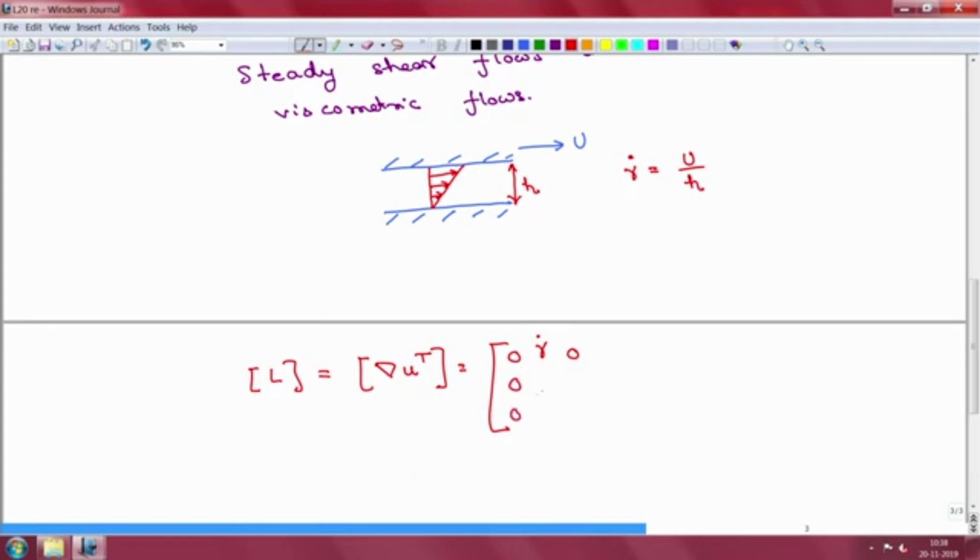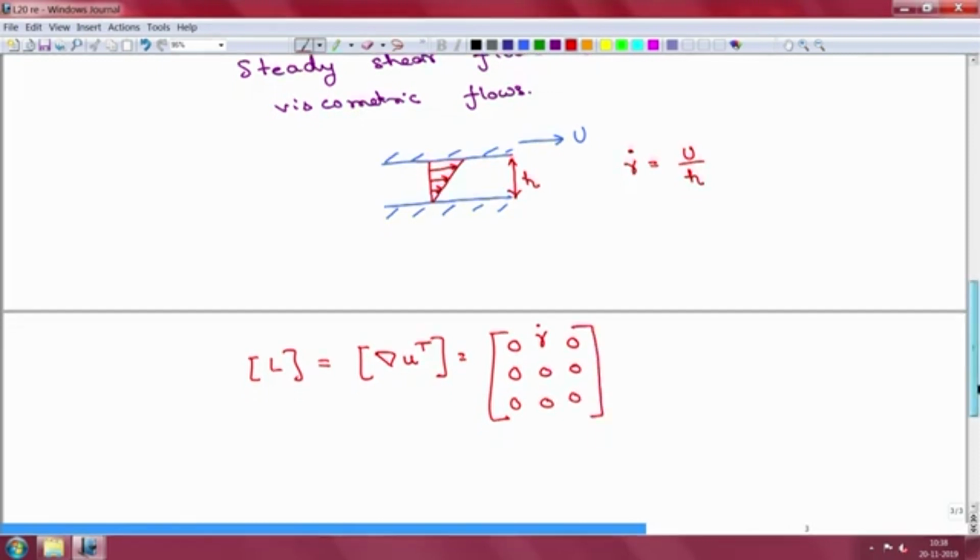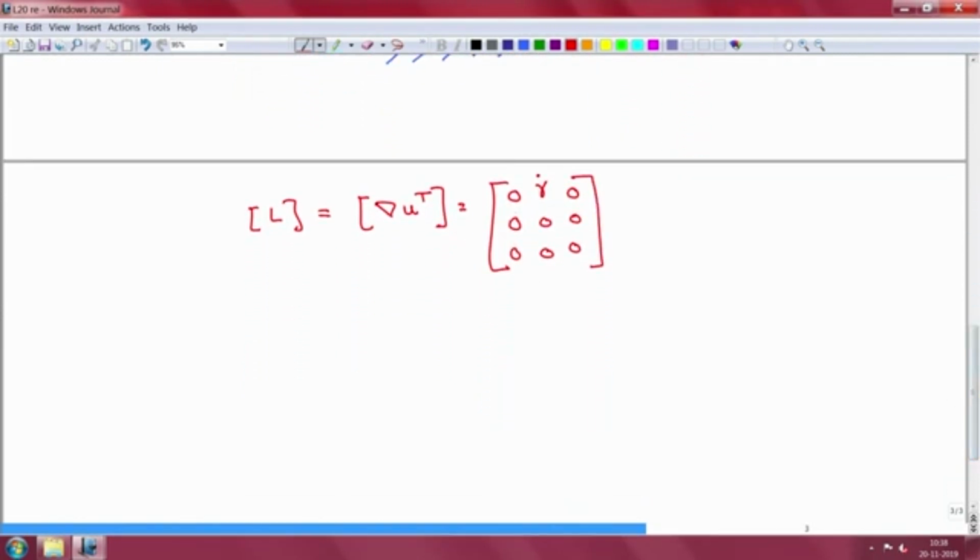The rest of these entries will be 0. You can probably see that, since the rest of the velocities are 0, all the derivatives are also 0. This is the velocity gradient tensor.